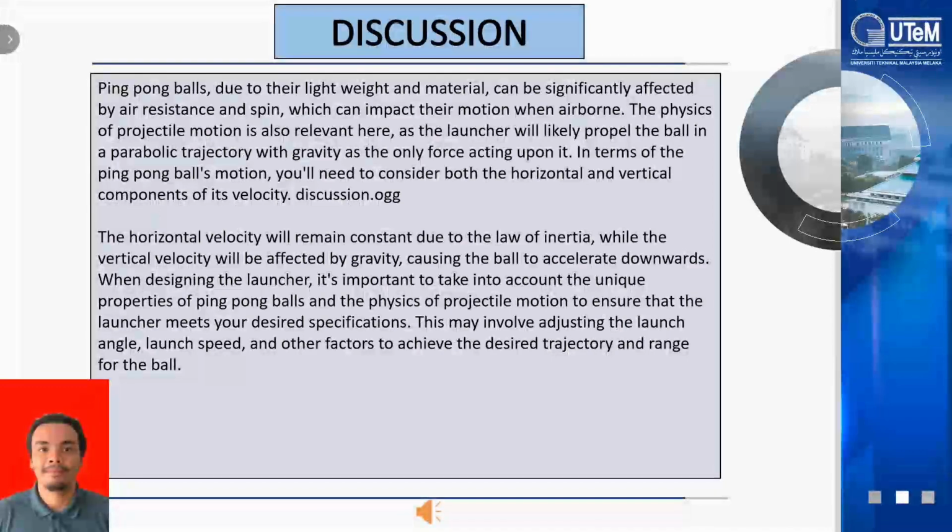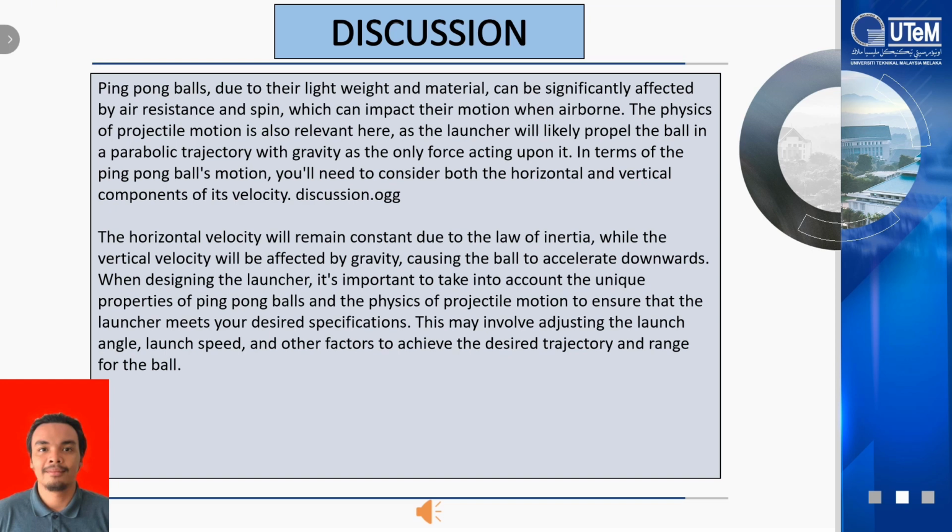Okay, for the discussion, due to the lightweight material, the ping pong balls are significantly affected by air resistance and spin. So the physics of projection is also relevant here, in that the launcher will likely propel the ball in a parabolic trajectory with gravity as the only force acting upon it.